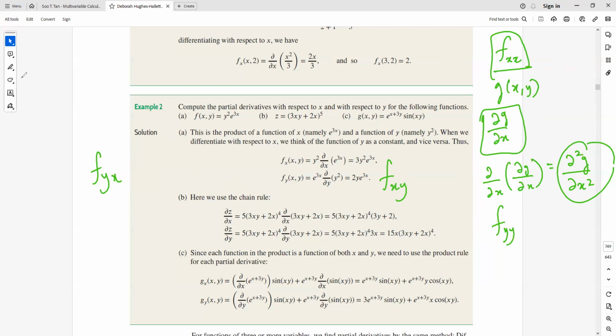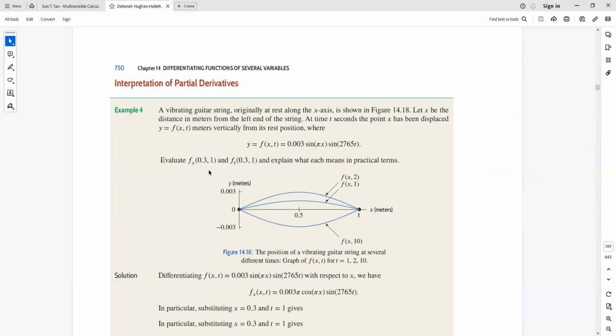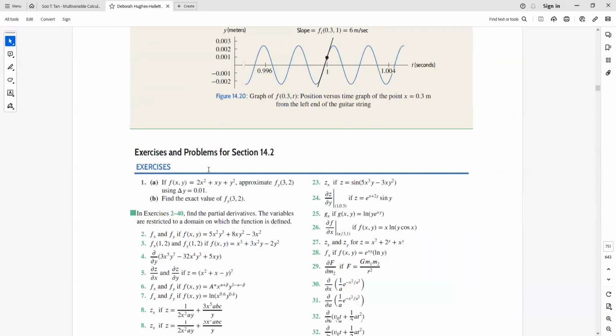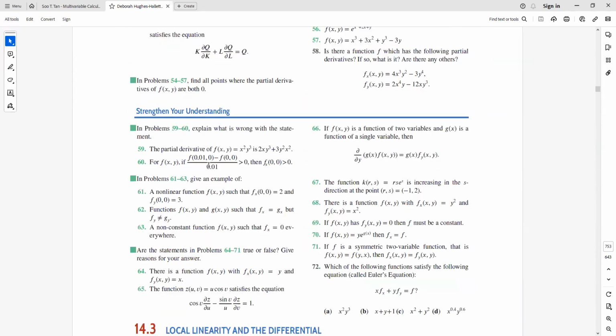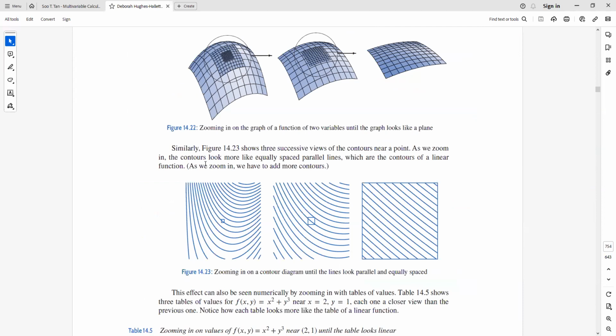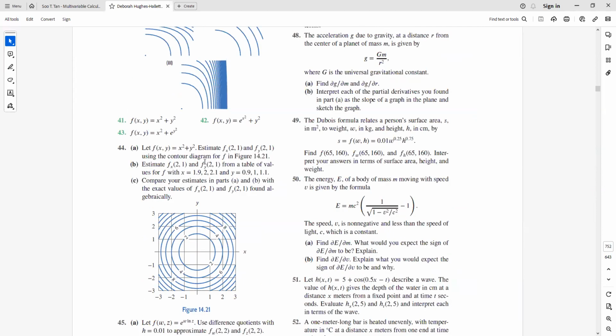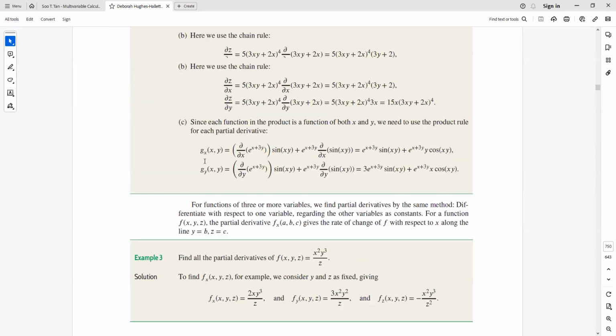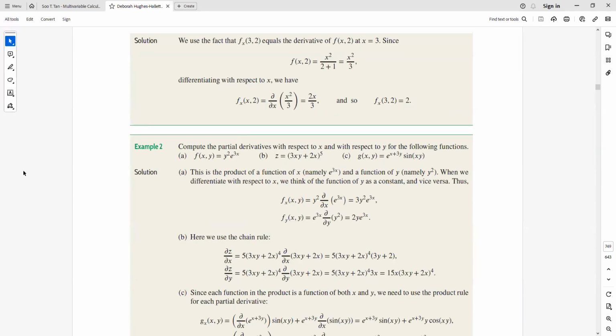So let's see some examples on this case also. We can just take an example by ourselves. Let's take a simple function, that is e power x times sine xy.